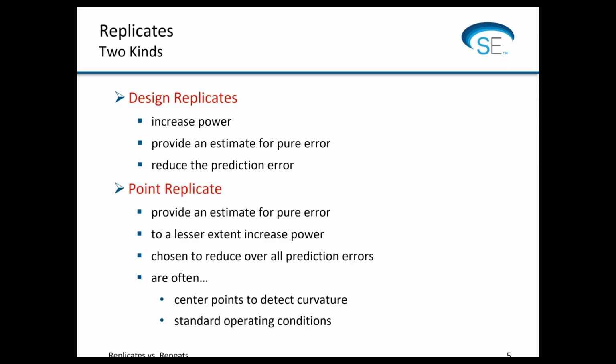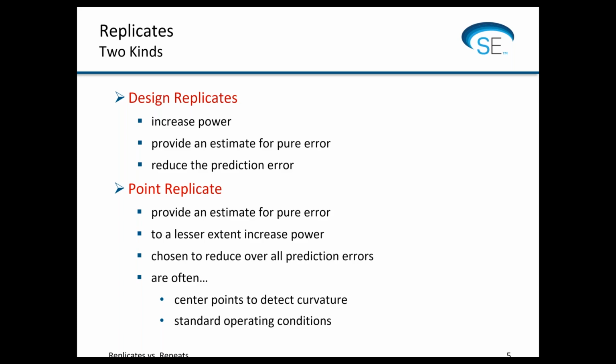Point replication is again replicating runs, but we're not necessarily replicating all the runs. They also provide us with an estimate of pure error. They also increase power, but to a lesser extent than replicating the whole design does. They can be chosen to reduce the overall prediction errors.